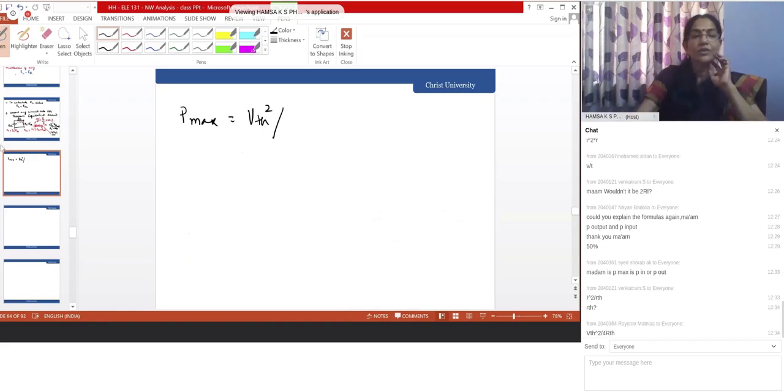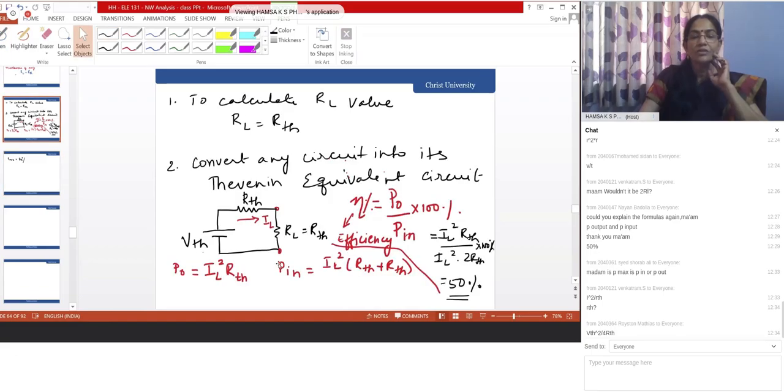Look at this circuit, I'll show the circuit again. For this circuit, I want to find the output power, looking at the maximum power. This is a circuit for maximum power transfer, and I want to find an equation for the maximum power. So I am trying to calculate the power across this resistance, which is equal to RTH. What is that equal to? IL squared into RTH. That is the output power, right?